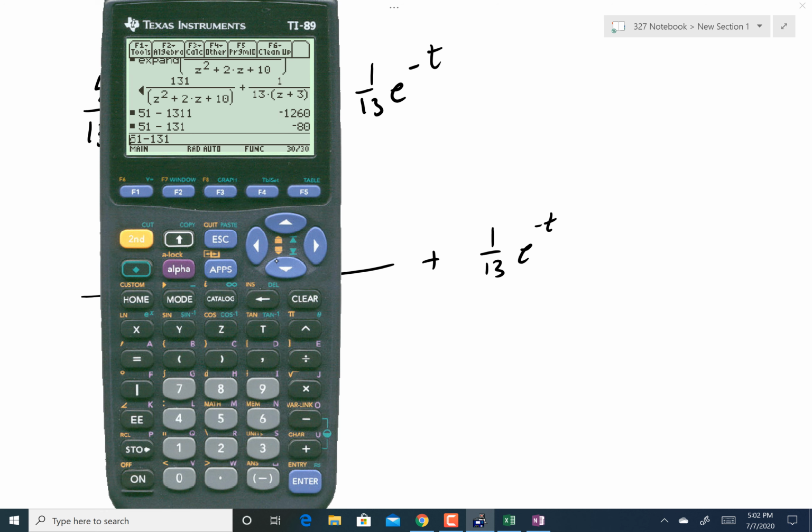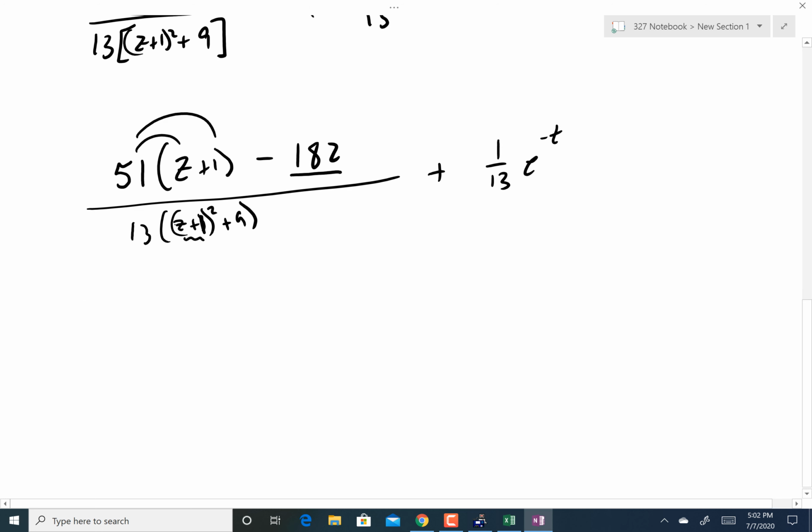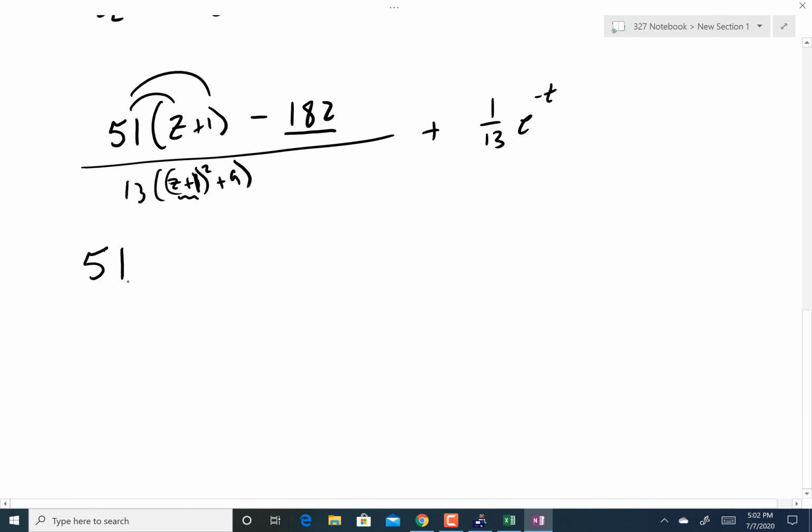Oops, I'm sorry. It's 182, in other words. So this needs to be negative 182 right here. So negative 182 plus 51 is negative 131. So what I have on top right now is the same as this, but now it's in the proper format. So now I can do this, finally.